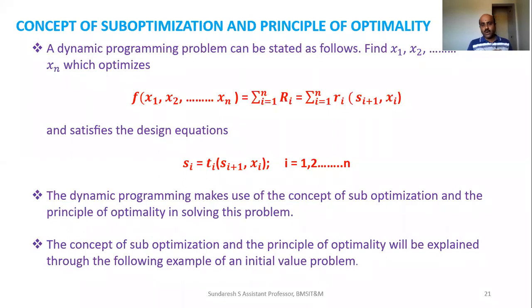When it comes to the actual application of dynamic programming, there are two important things: one is sub-optimization, and the other is the principle of optimality. These two important concepts are used to solve any problem using dynamic programming techniques.